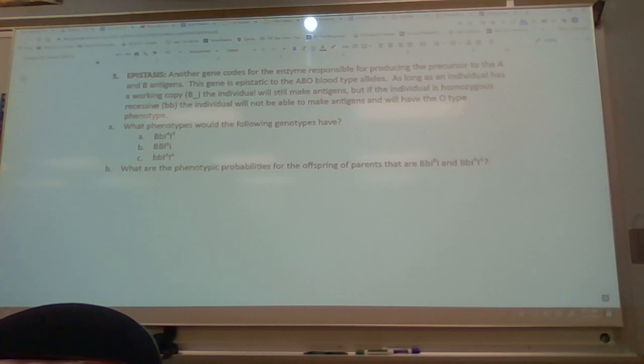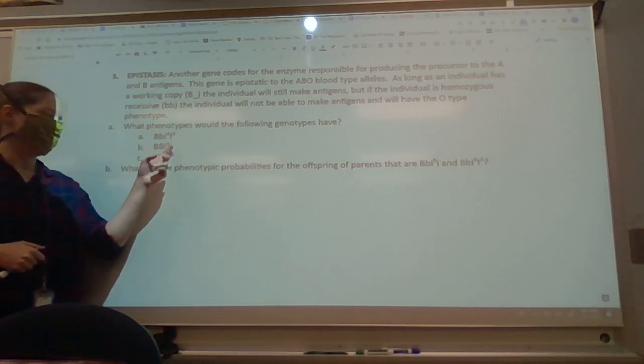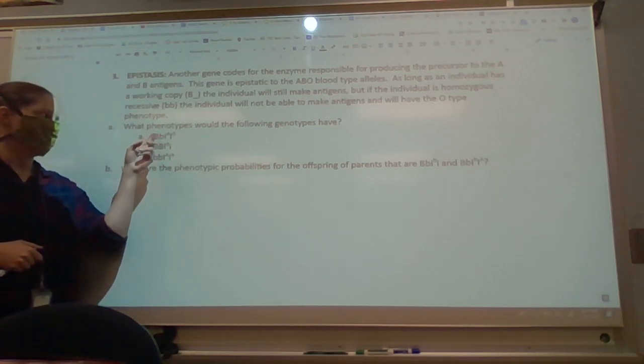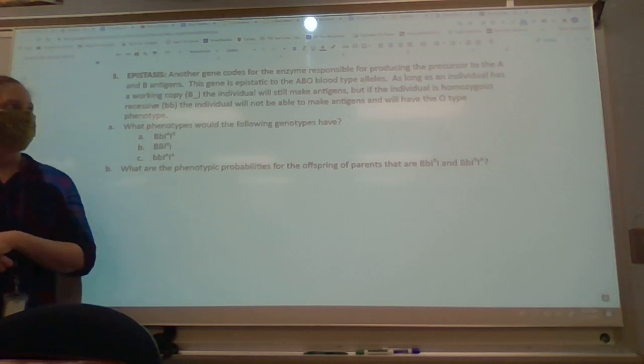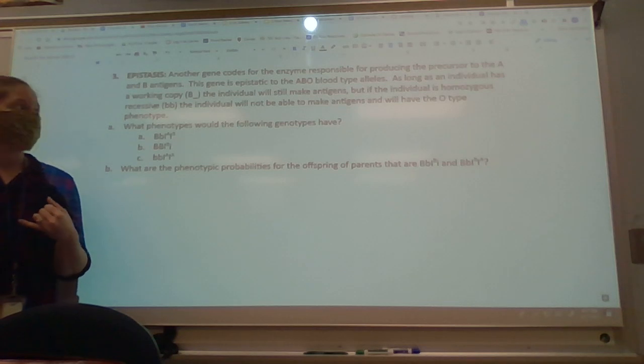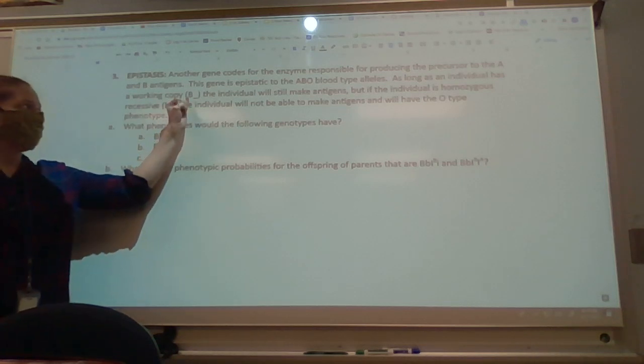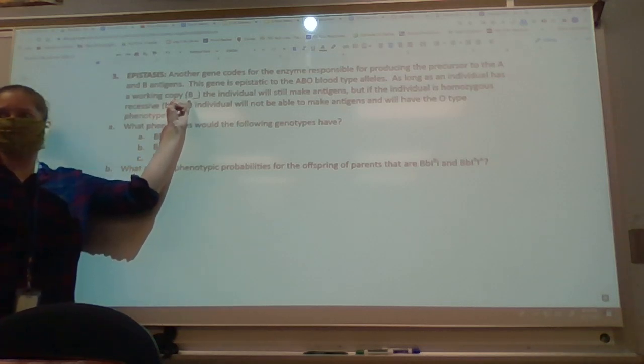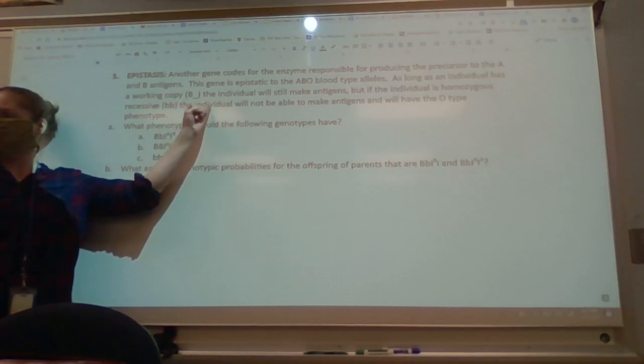So we're adding on to the idea of our blood type alleles, right? So we're dealing with our ABO blood type alleles, but there's also this B gene, and that codes for the precursor to any antigen. So as long as you have one working copy, one dominant B, you can make antigens, and therefore you'll make whatever antigens the other gene codes for. Right?